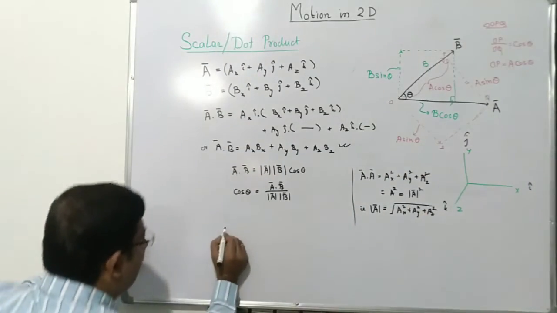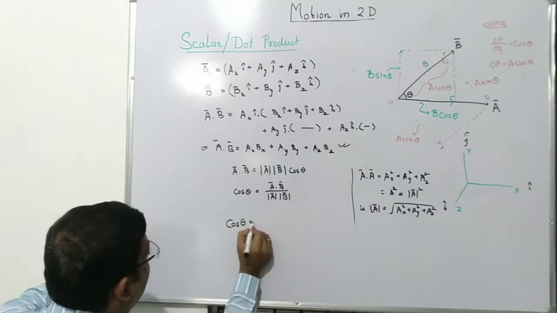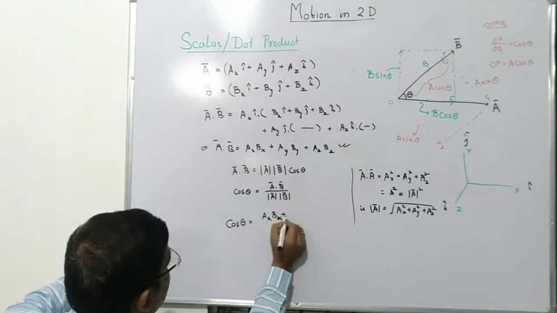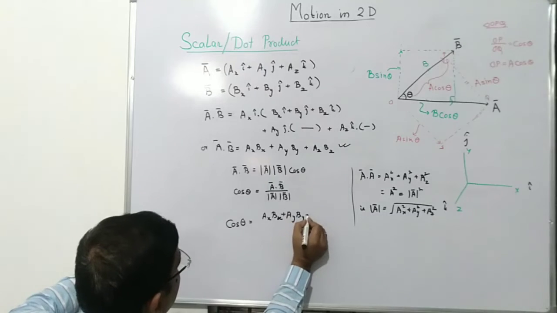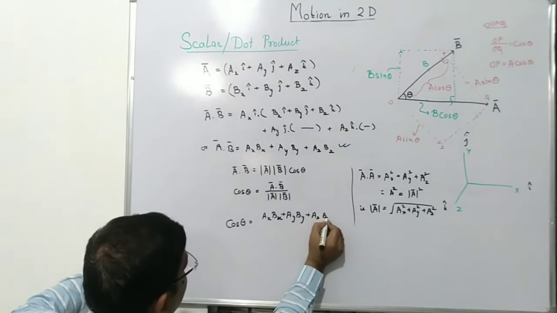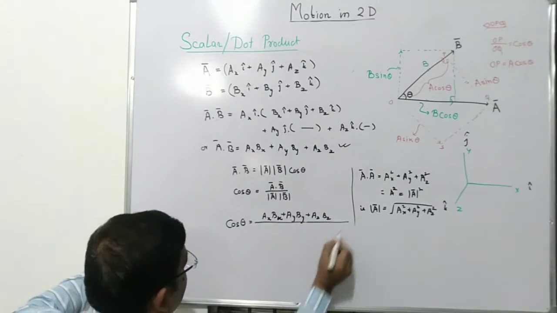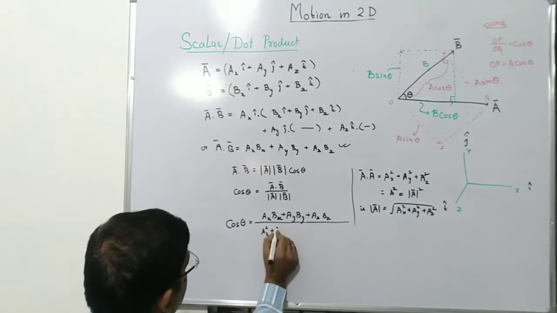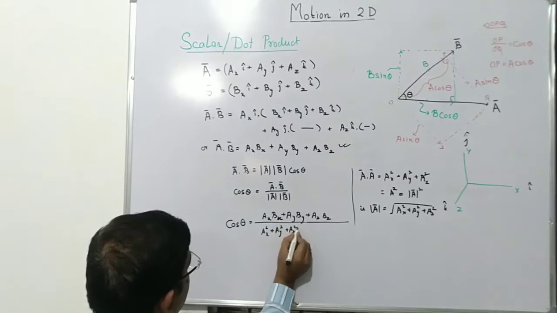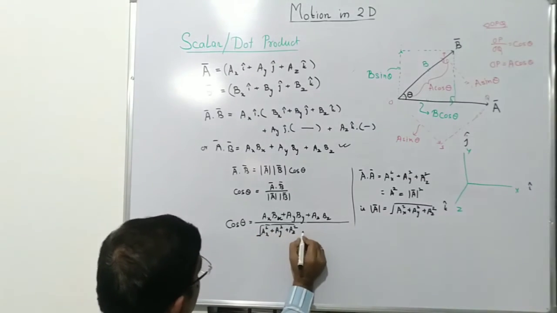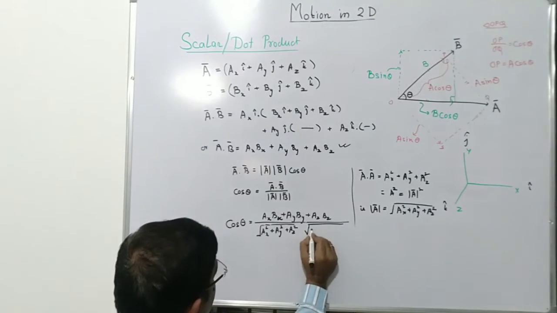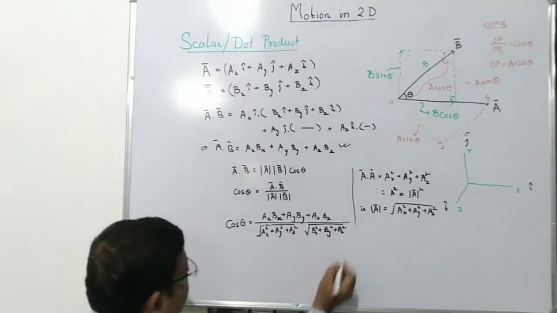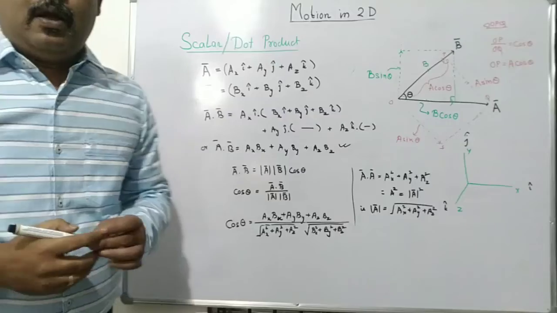So cosine of theta will be given by A dot B, which is Ax Bx plus Ay By plus Az Bz, whole thing divided by two square root terms: Ax squared plus Ay squared plus Az squared, whole thing under root, multiplied by another square root term, Bx squared plus By squared plus Bz squared. Alright.